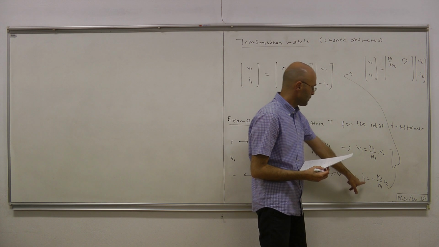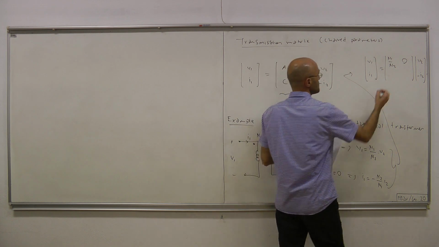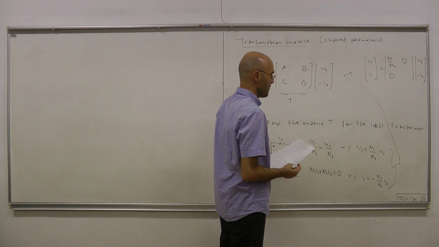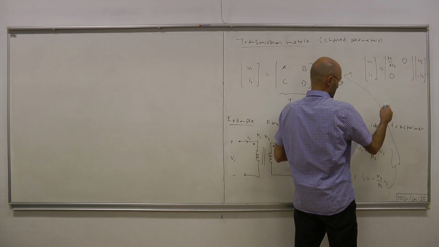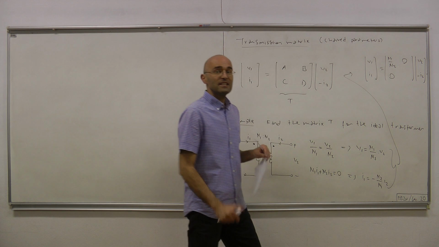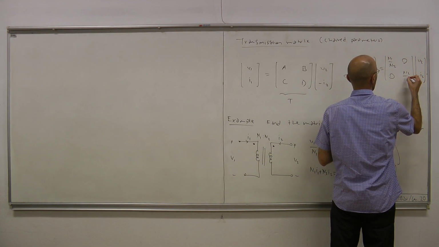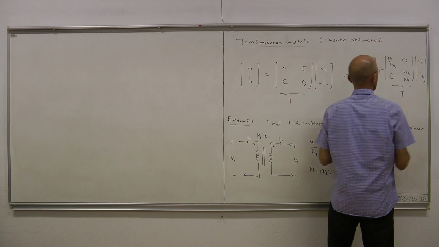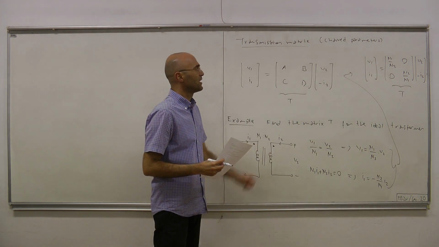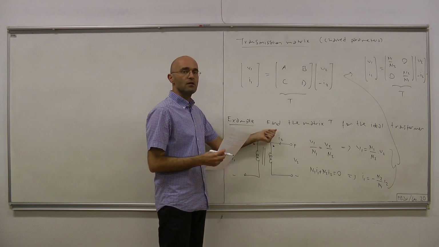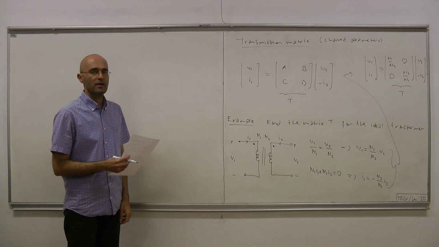And for the second row, we look at the second equation. I1 equals 0 times V2, because it doesn't depend on V2, plus N2 over N1 times minus I2. So this is N2 over N1. Therefore, this matrix T is the transmission matrix representation for the ideal transformer. It's diagonal.